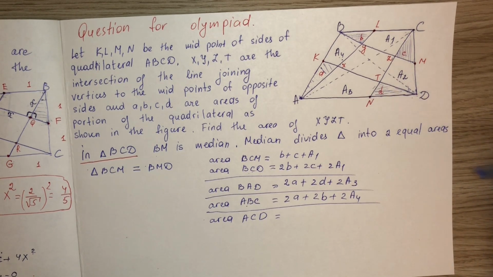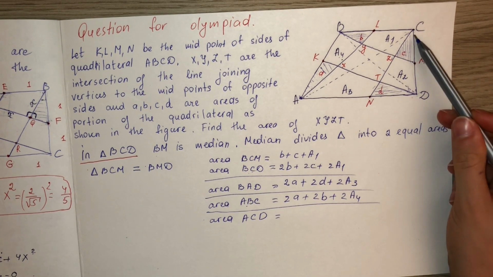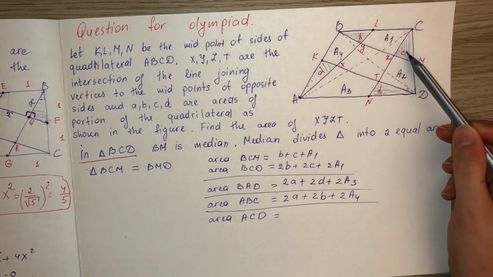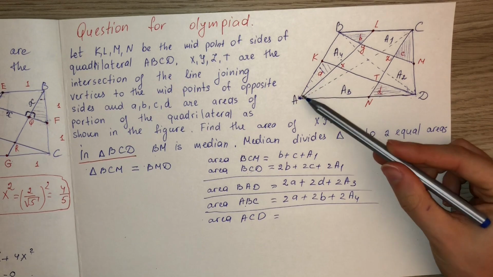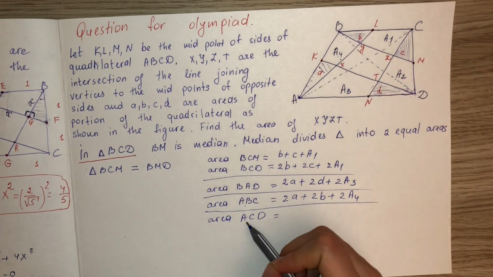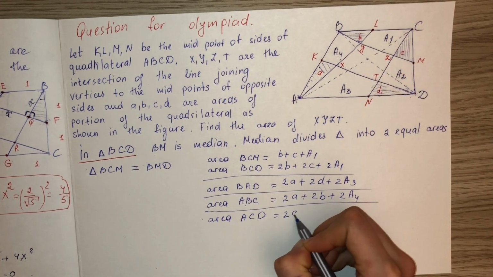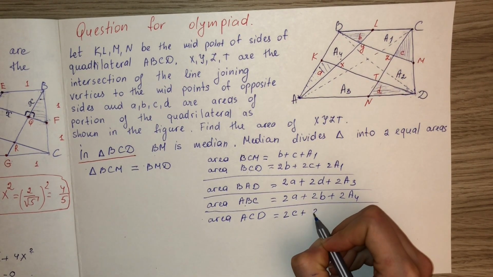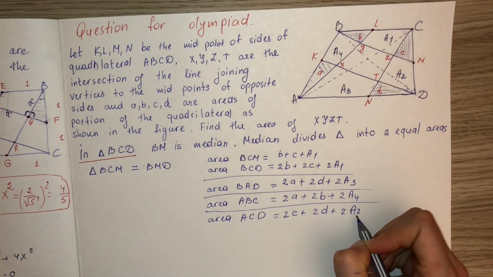They are two equal triangles, and the area of NCD is equal to C plus A2 plus D. And we get that from this area. The area of ACD is equal to 2 times C plus 2 times D plus 2 times A2.